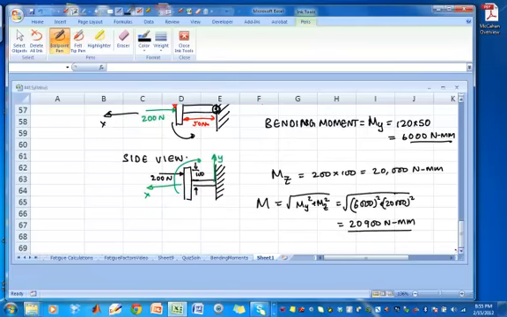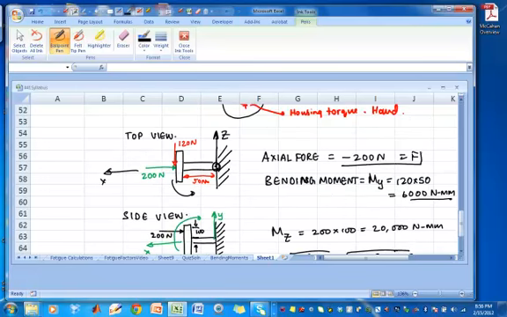And this is the cyclic torque. This one, the axial force, this comes into mean force. It's steady, it's not changing, it's just pushing steadily.